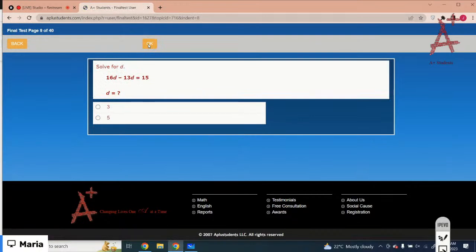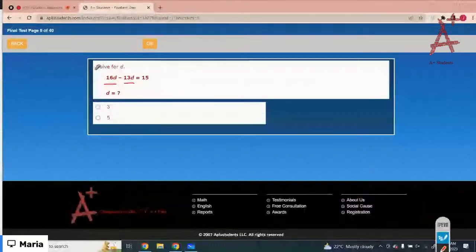Okay, the next one is 16d minus 13d equals 15. So you have to solve this equation for d. Got it? They both are actually like terms. 16d and 13d are like terms. They have the same variable. Just subtract their coefficients.